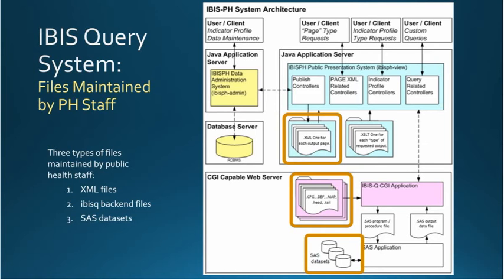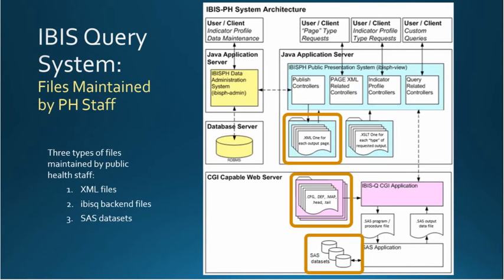We call those public health staff query content developers. Content is not how the application works, but what we put into it for our users to see. Not the plumbing behind the wall, but the water that comes out of the faucet, so to speak. We control the content through creating and maintaining SAS datasets, back-end IBIS files, and XML files.